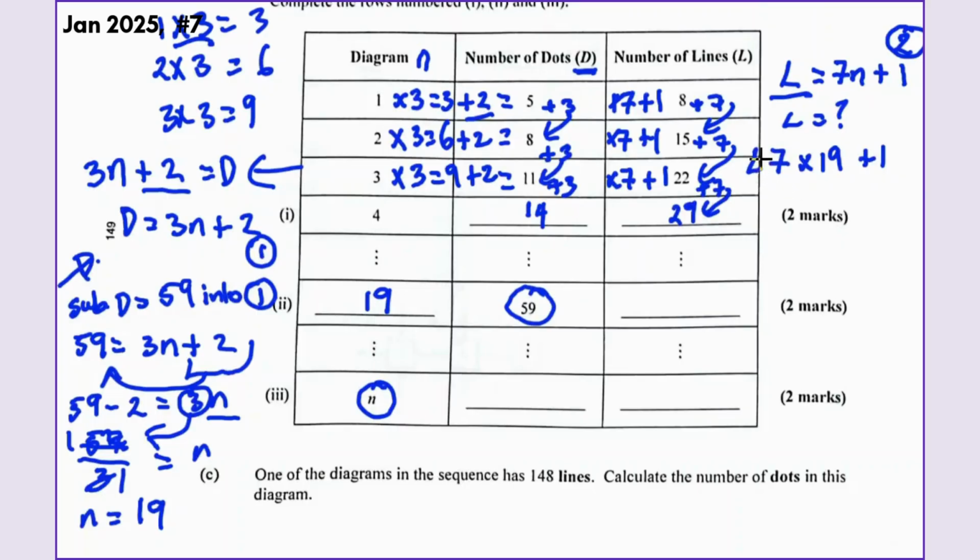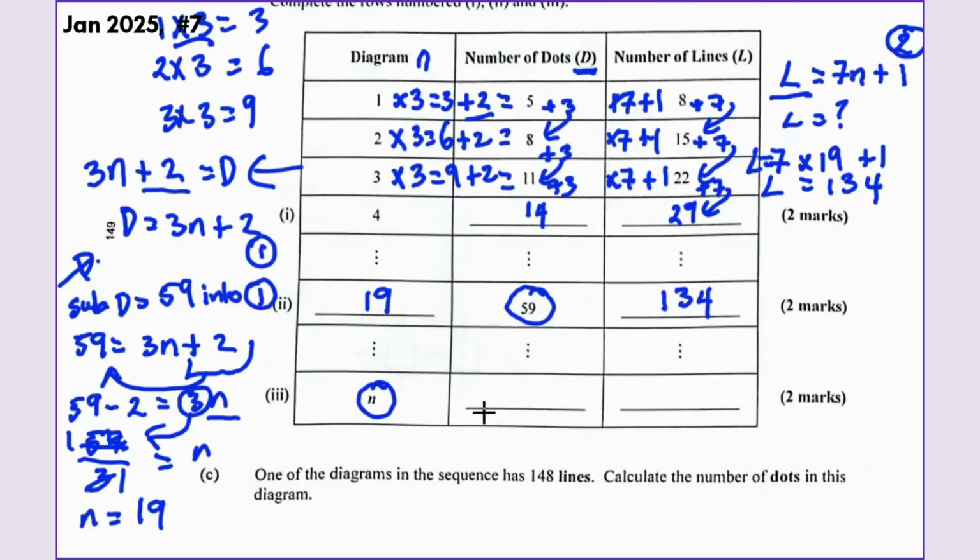So L would be equal to this, and that is going to give us L is equal to 134. So we just fill that in over here. Our answer here would be 134, and that is the end of part 2.